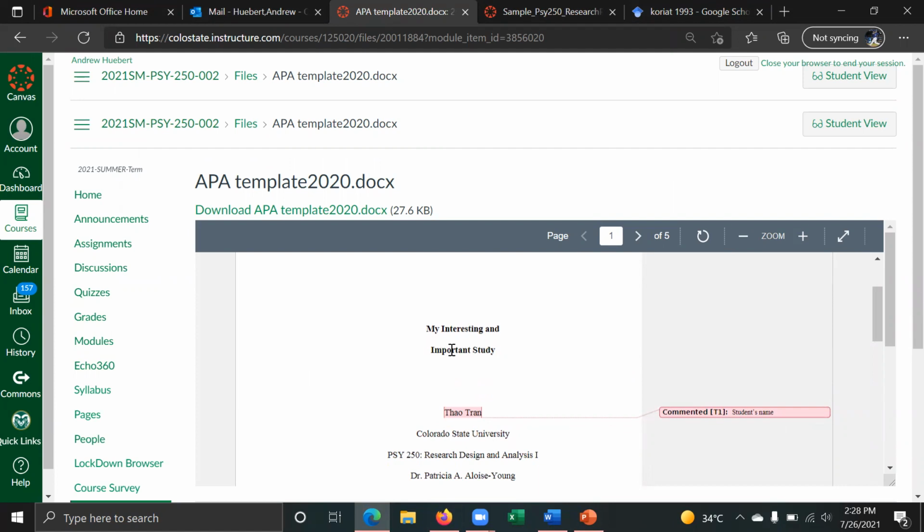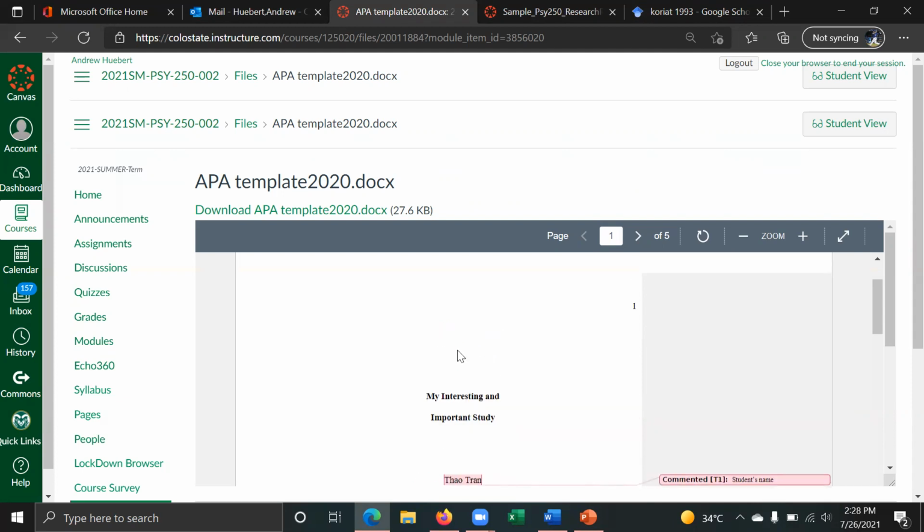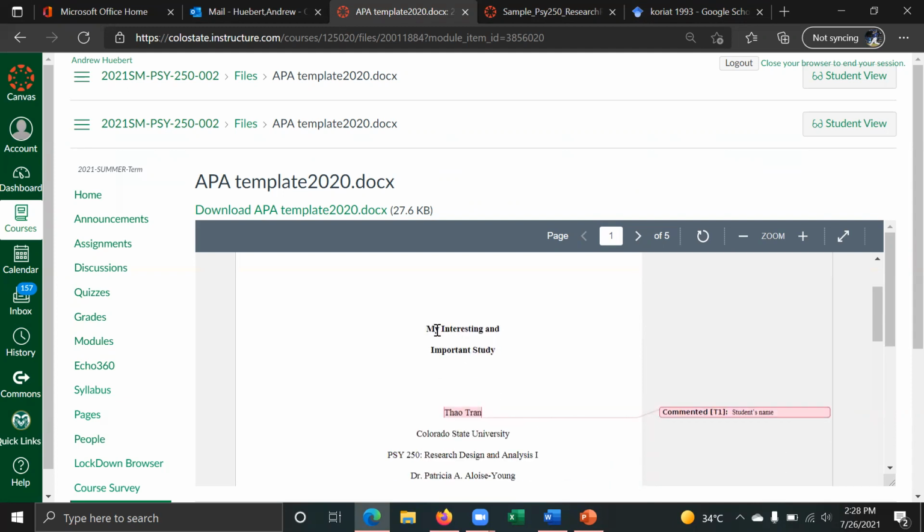Notice a few things here. First of all, it should be in bold, and it's also centered like the rest of this. Notice how the first letter of the first word is in caps, and nouns like interesting and important study are in caps, but words like and are not in caps.